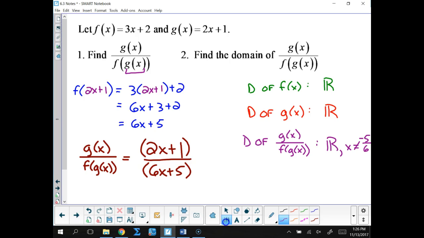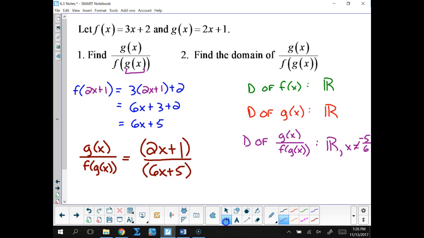Using your brains here in this one. What can't g equal? Nope, g can equal 0. If g is equal to 0, I put 0 in for f then, right?